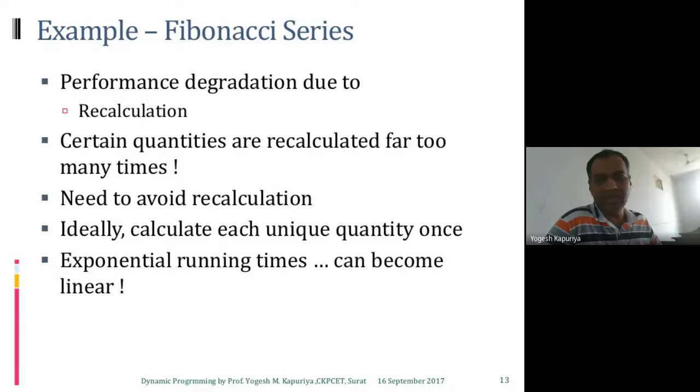So now we have three approaches. One is the bottom-up approach, second is the top-down approach, and third is the top-down approach with memoization. Obviously, the best of them is the bottom-up approach, because in that case you are getting the optimum time complexity. Second comes the top-down with memoization, because the time is fine, but you have an additional space requirement.